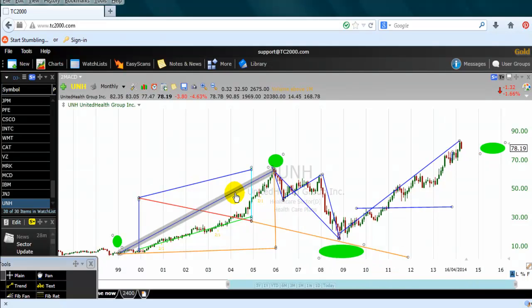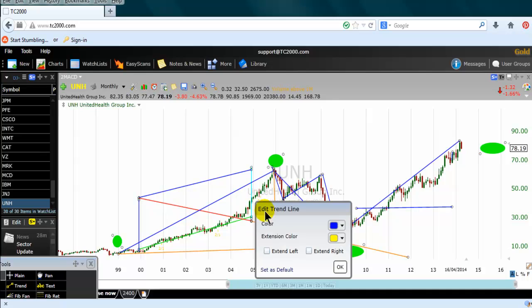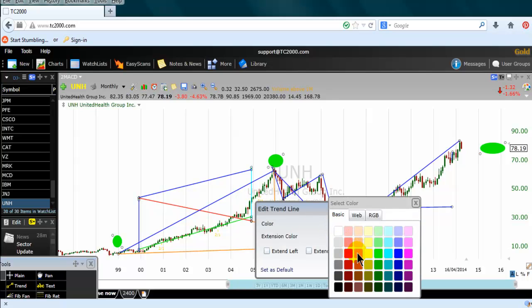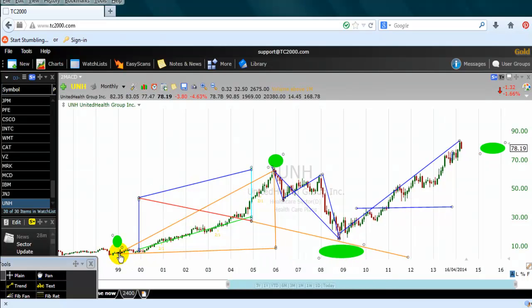Okay, I will call on my triangle, the triangle that I'm talking about, in orange. Beautiful color. So you see, first we were using the diagonal part of the triangle as our measuring stick, but there is another way we can use it for the projection of the ABCD chart pattern.